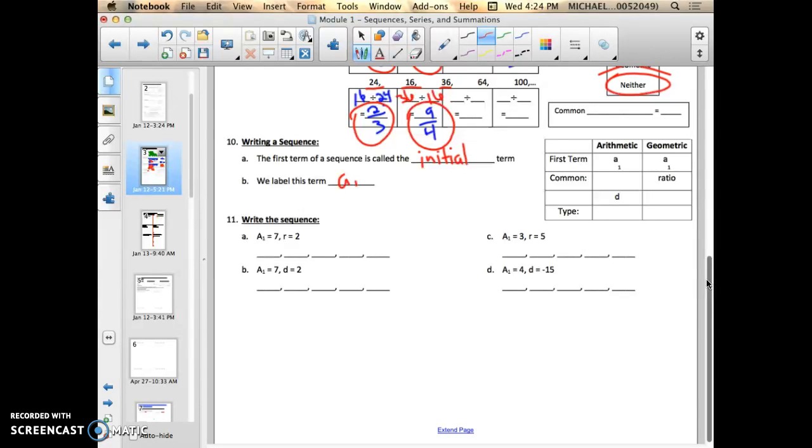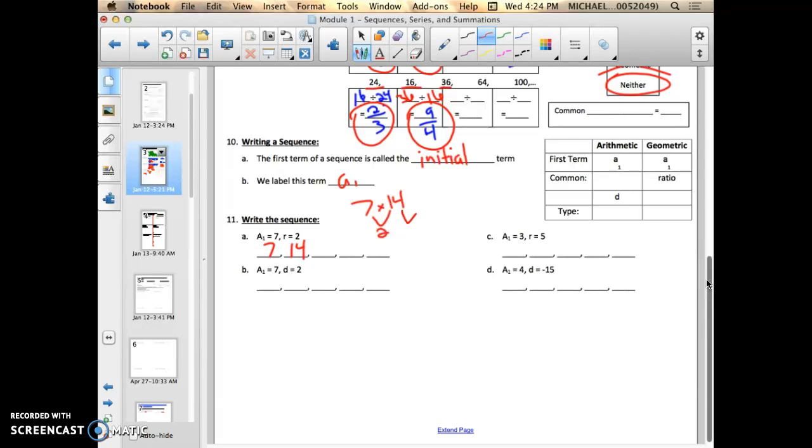If the first term in this sequence is 7, I put that there. And the common ratio is 2, meaning that I multiply each term in the sequence by 2 to get to the next term. So 7 times 2 is 14. So I know the next term is 14.